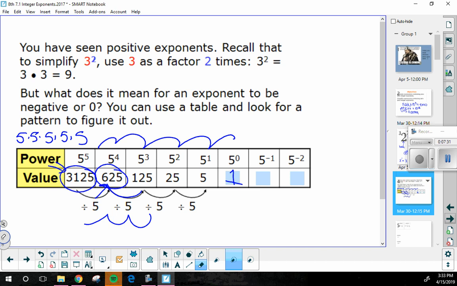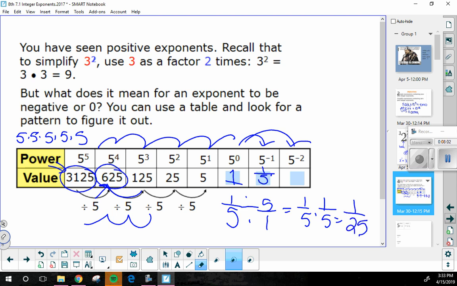Now, here we go. I'm dividing by 5 each time as my exponents get 1 smaller. 1 divided by 5 is 1 over 5 to the first power. 1 over 5 divided by 5 over 1 is the same as 1 over 5 times 1 over 5, which is 1 over 25, or technically 1 over 5 squared.